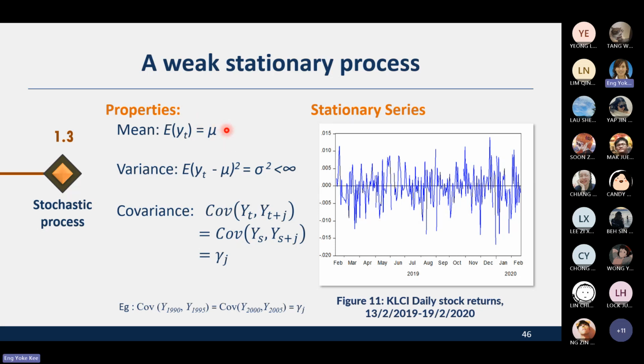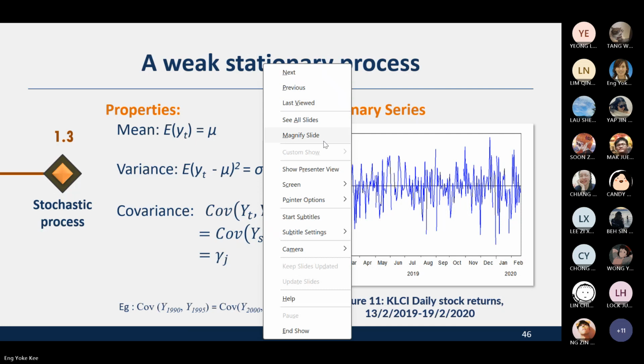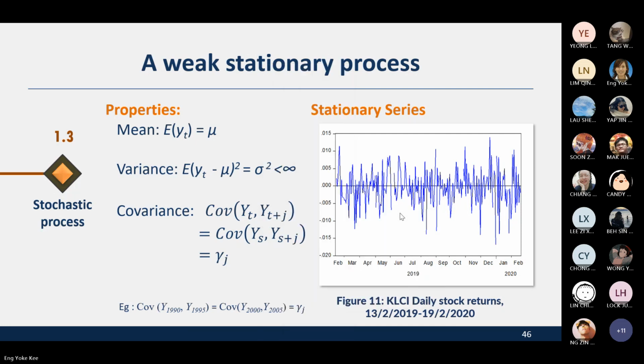This is how we read this: constant mean value. Constant mean value means what? Here, no t. If you have a subscript t here, you see this. What is the difference? This is constant mean.